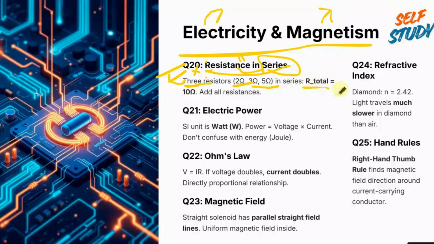In series, we add all the individual resistances and we get 10 ohm. In parallel, we have the formula 1 by R is equal to 1 by R1 plus 1 by R2 plus 1 by R3. Using that formula, we can find the resistance in parallel. Okay, in series resistance is more. In parallel, resistance is less.